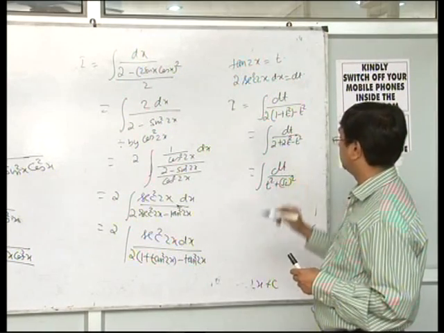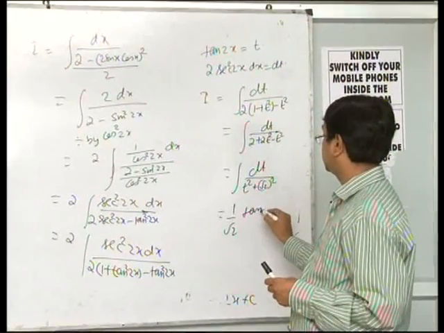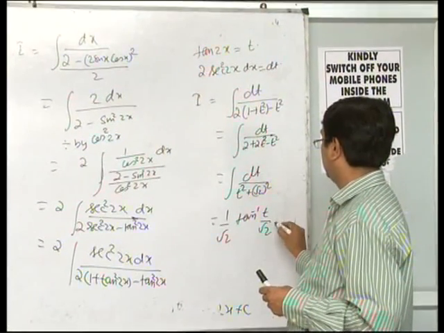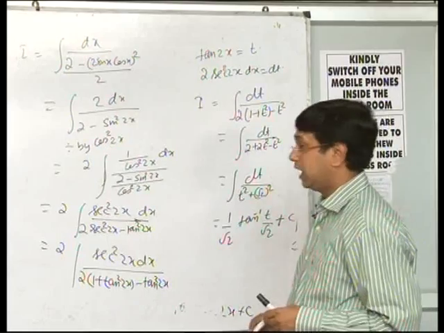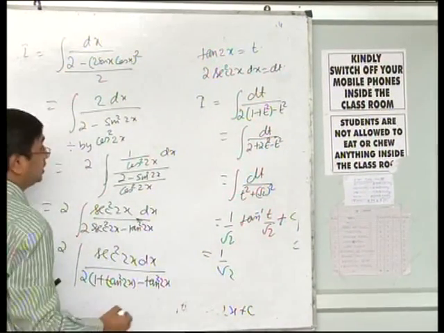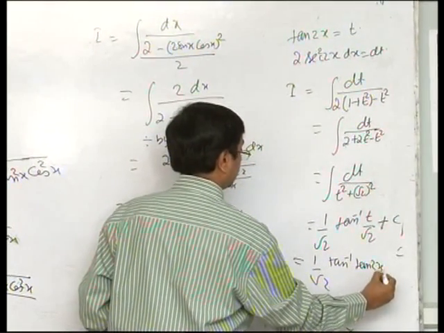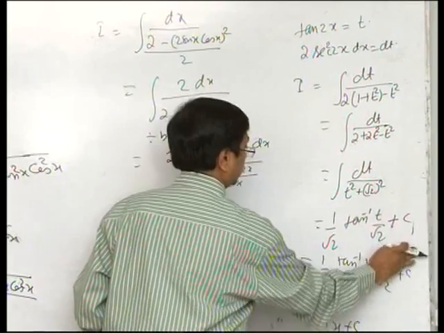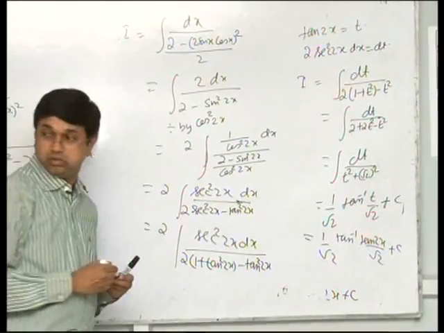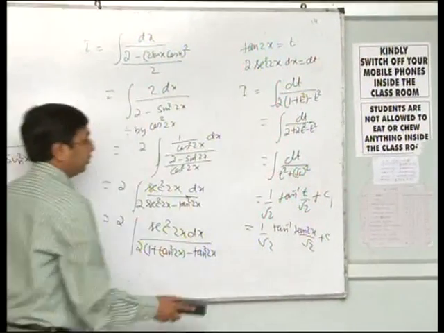Why root 2 whole square? Root 2 square. So 1 by root 2 tan inverse t by root 2 plus c. And what was t? t was nothing but just tan 2x. So tan inverse tan 2x by root 2 plus c. So that is how we can solve this particular problem.